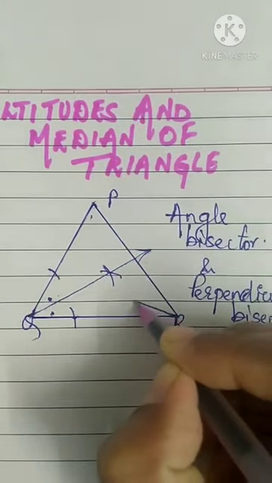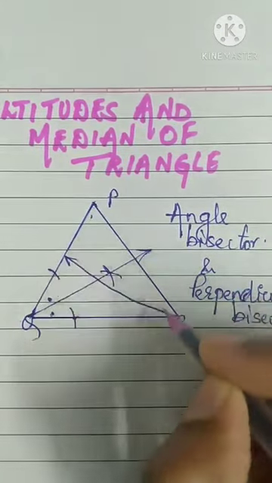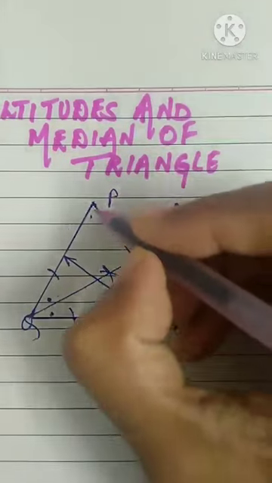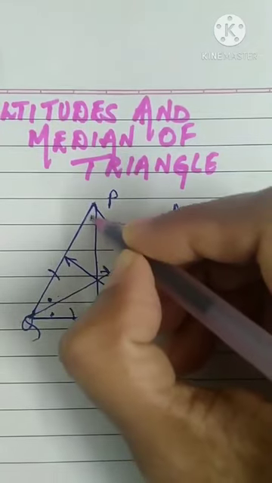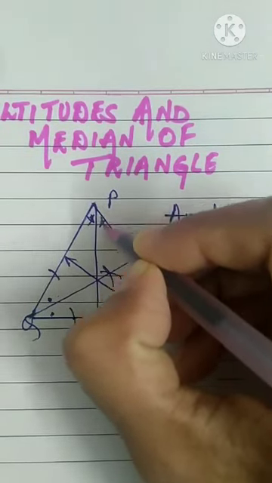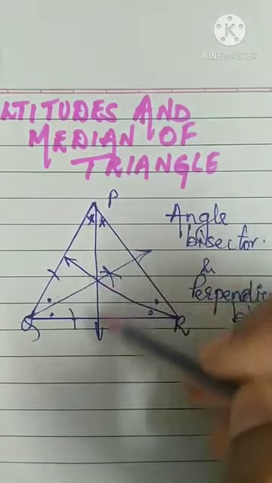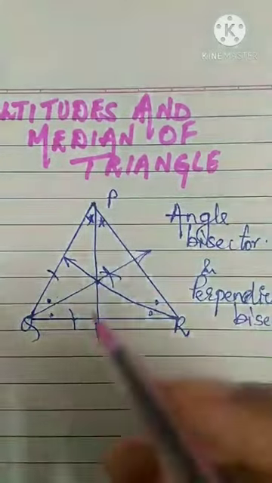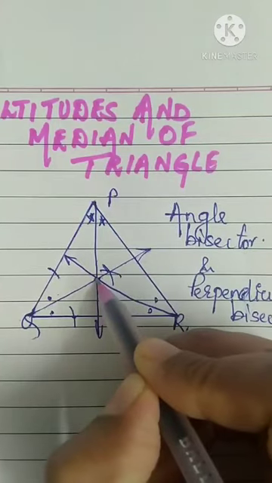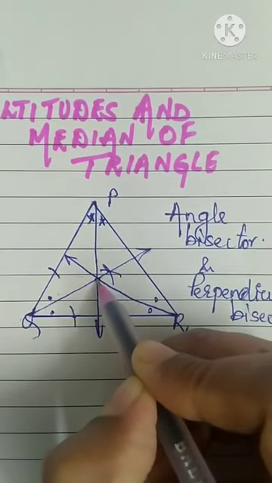Similarly, angle bisector for the second angle, two equal parts, and angle bisector of the third angle. In your 7th standard, you have done this and you saw that all the angle bisectors pass through a single point. And this point is called the point of concurrence.